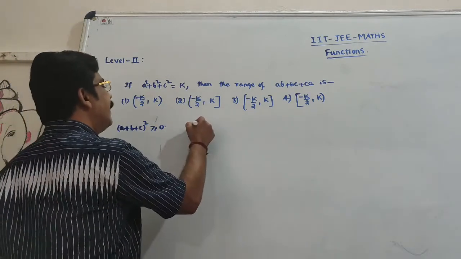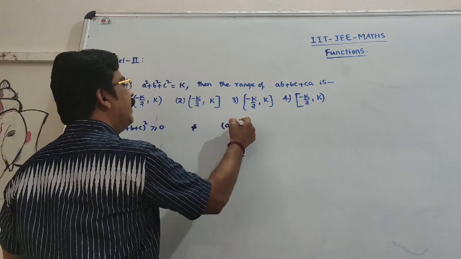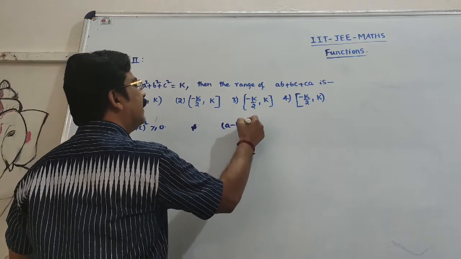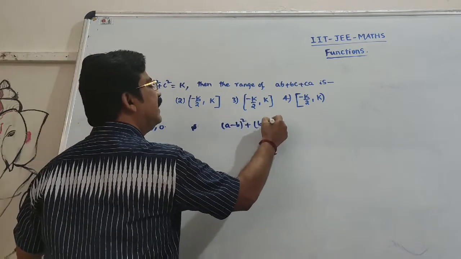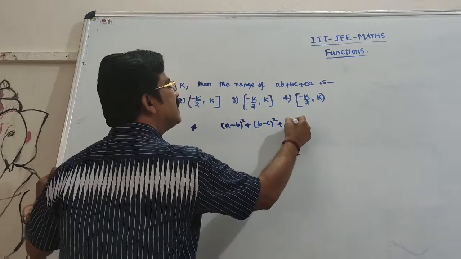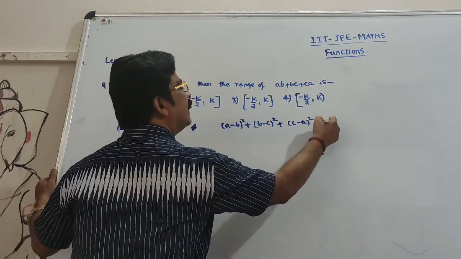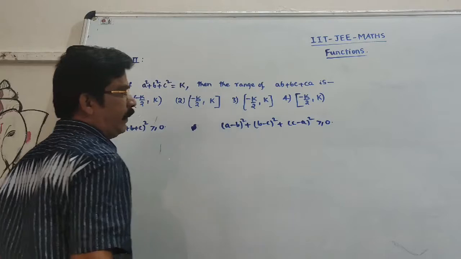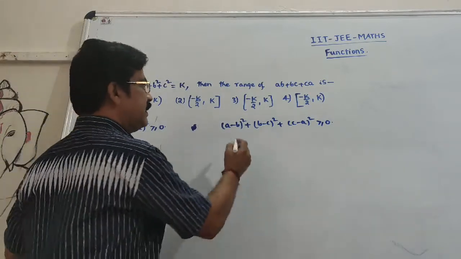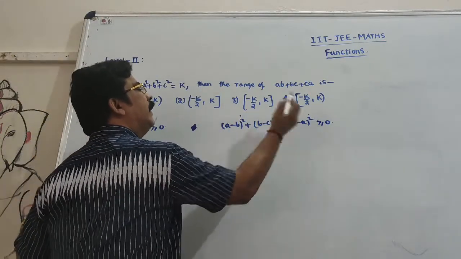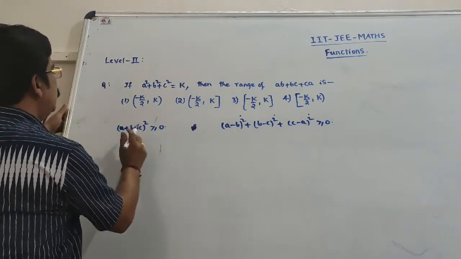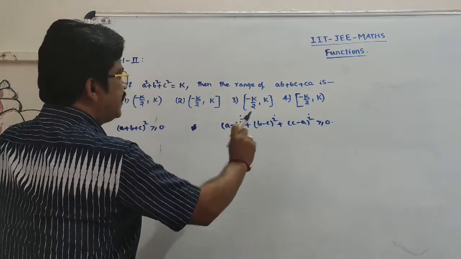Another condition: a minus b whole square plus b minus c whole square plus c minus a whole square is also greater than or equal to 0. It is non-negative because whole squares are there. Okay, we have two conditions.